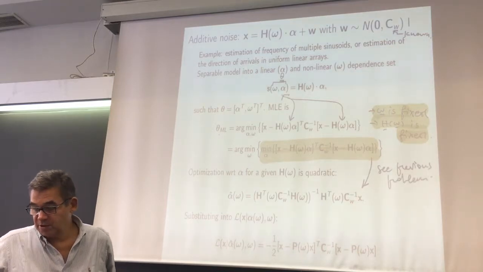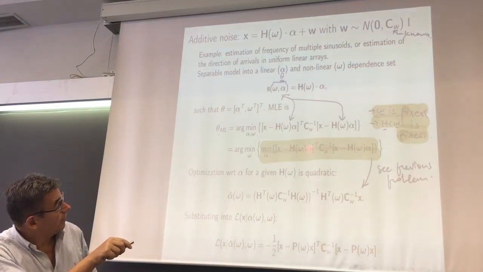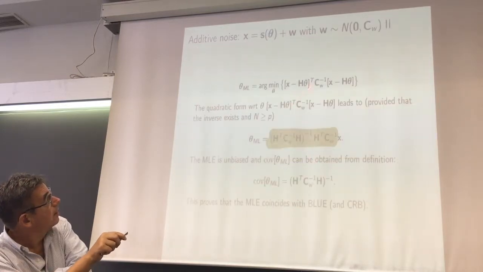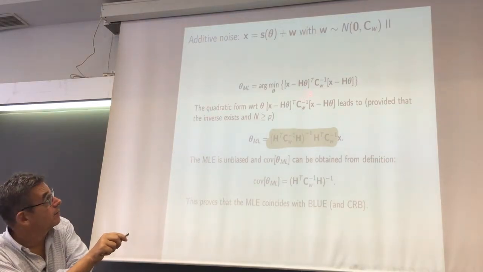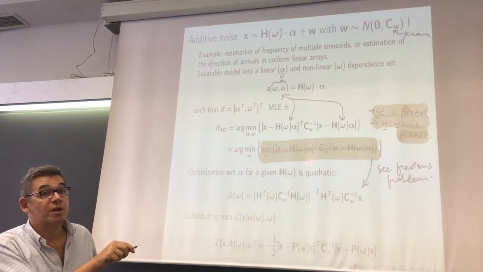Okay? Because look at that. This problem with alpha, if rather than alpha you have a theta, here it is. Okay? So that's the same. So now I can solve it because I know how to solve it.